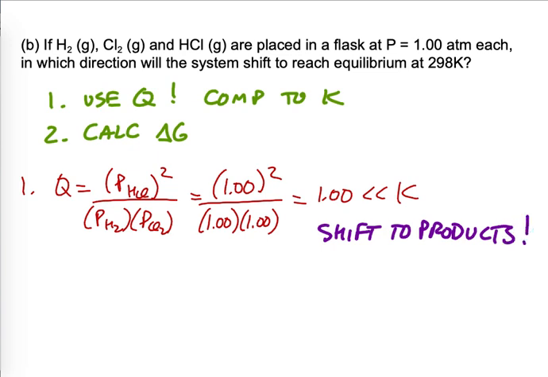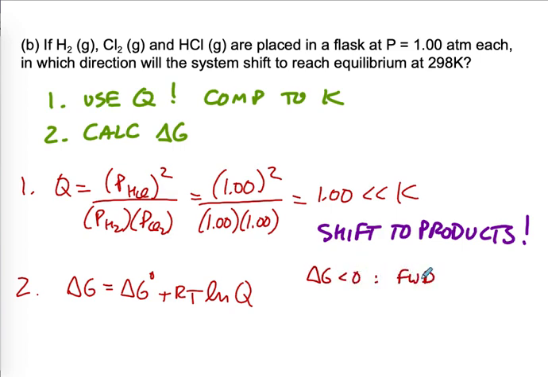The other way we could do this is to calculate delta G. Delta G equals delta G naught plus RT ln Q. And whatever my conditions of partial pressure were, I would simply plug them into the Q expression. I would plug in the delta G naught that I calculated and calculate a value of delta G. If delta G is negative, that means it would be spontaneous in the forward direction. If delta G is positive, that means it's spontaneous in the reverse direction.